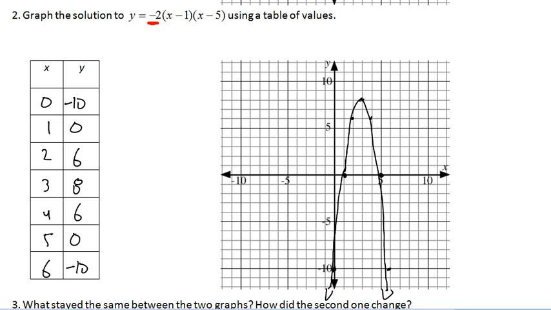So notice that this negative 2 is still my vertical stretch factor. It's just the same as it was before when our vertex was on the x-axis, we're still stretching away from the x-axis. It just happens that it's a different point on the parabola that's fixed on the x-axis. Okay, so the last question asks us, what's the same?